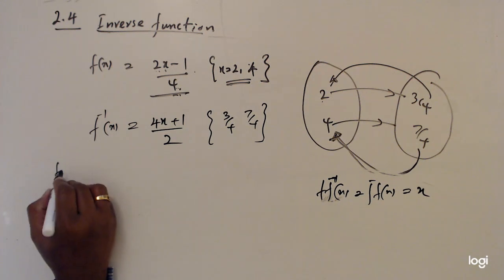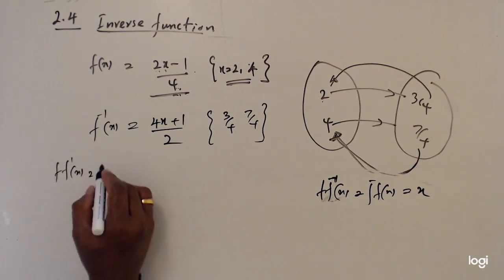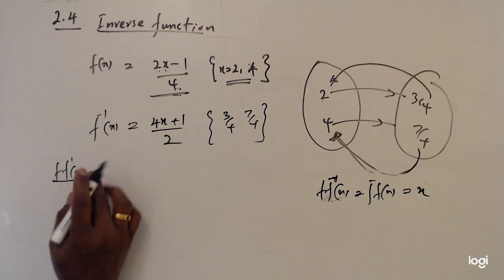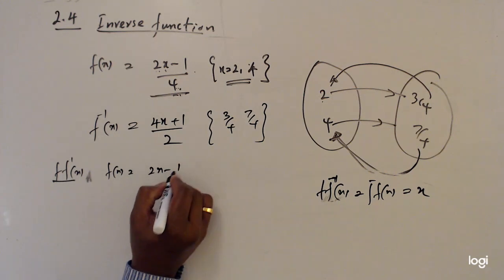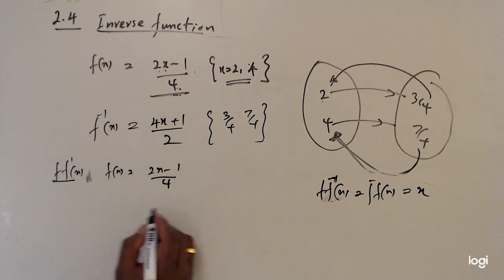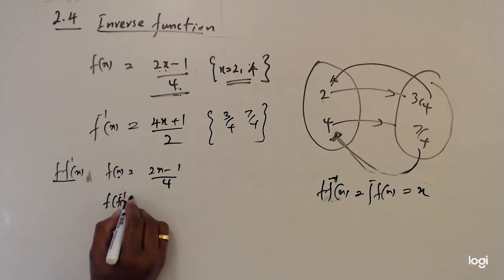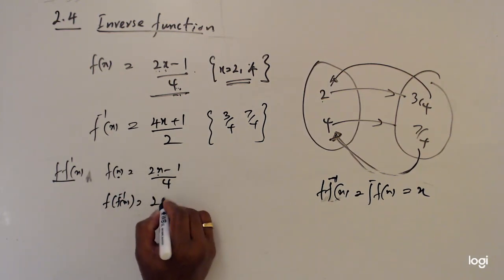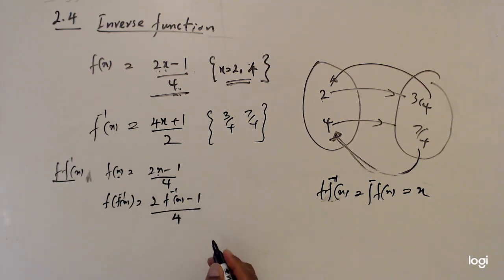First of all, I'll write f of x first: 2x minus 1 divided by 4. Then I want to substitute here f inverse x, so here also f inverse x minus 1 over 4.